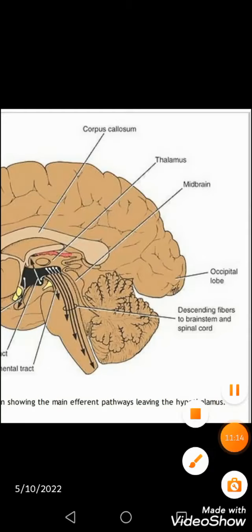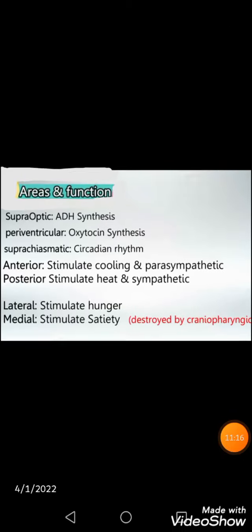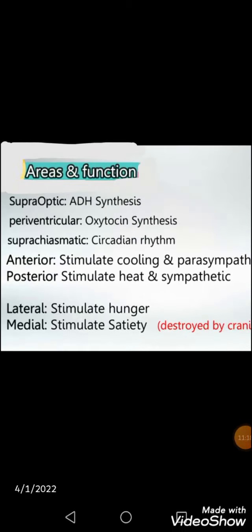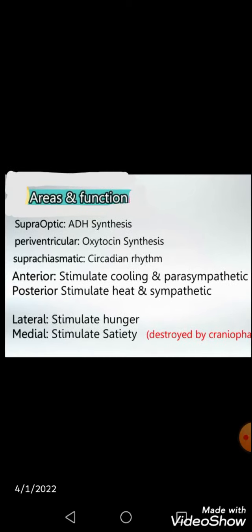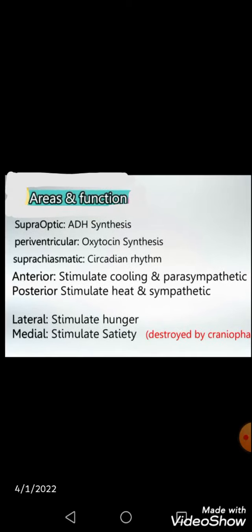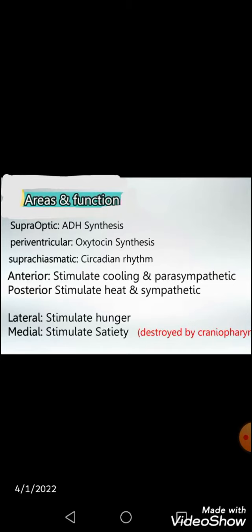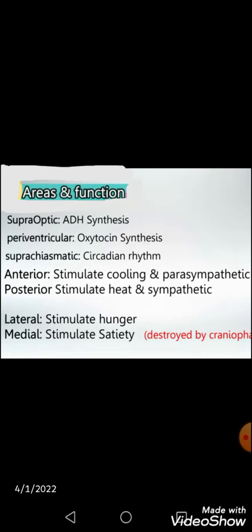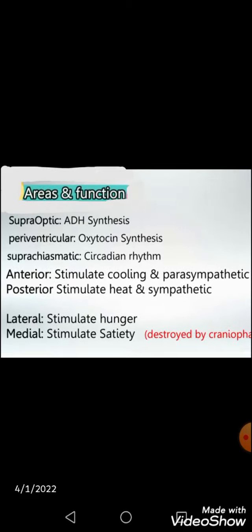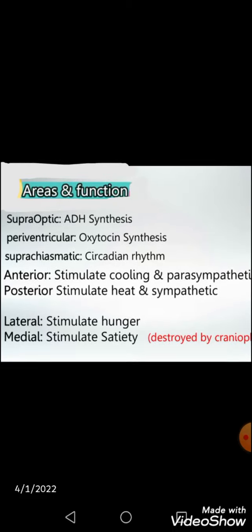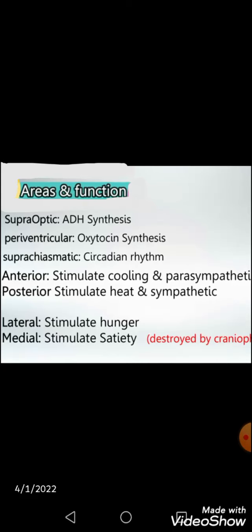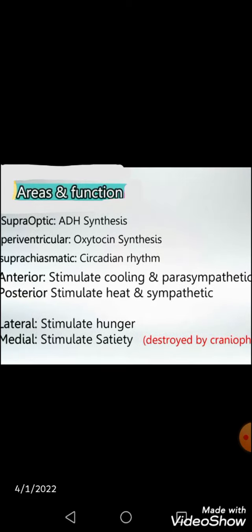A few written pieces of information: the supraoptic nucleus deals with your ADH synthesis, right? This is the hormone. And the paraventricular nucleus is supposed to produce the oxytocin hormone. And you have another nucleus, the suprachiasmatic nucleus, which we have seen already, that deals with your circadian rhythm.